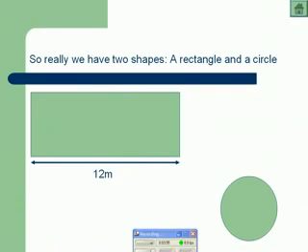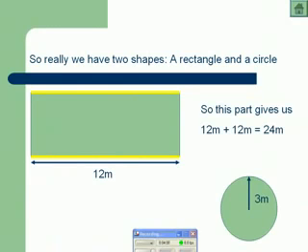So we know we've got 12 meters length for the rectangle. We know we've got a radius of 3 meters for the circle. So for the rectangle, we're going to have 12 meters on the top and 12 meters on the bottom, so that's going to be 24 meters. So we just now need to know what the distance is all the way around the circle.